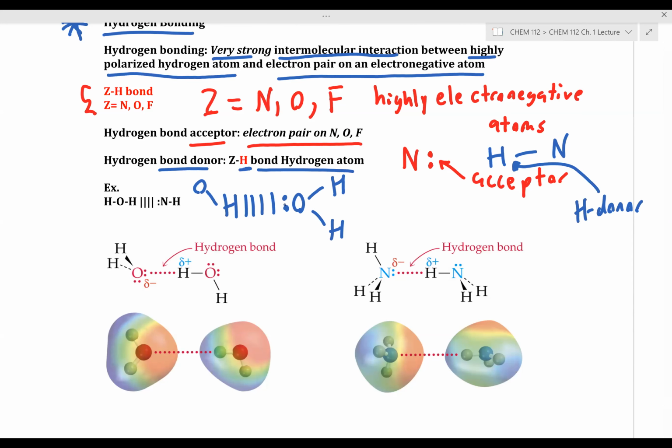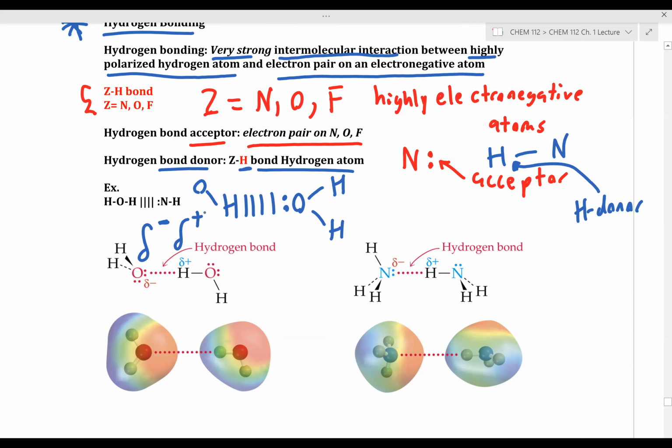Yes. So this oxygen, this delta minus, is gargantuan and has a lot of electron density. Likewise, this poor hydrogen bound to oxygen, if it's bound to a really electronegative atom, is it going to have very much electron density? No. So it's going to have a really large delta plus.